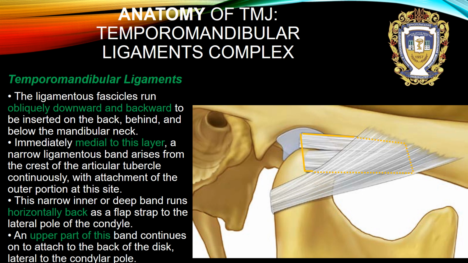This narrow inner or deep band runs horizontally back as a flat strap to the lateral pole of the condyle. An upper part of this band continues on to attach to the back of the disc, lateral to the condylar pole.